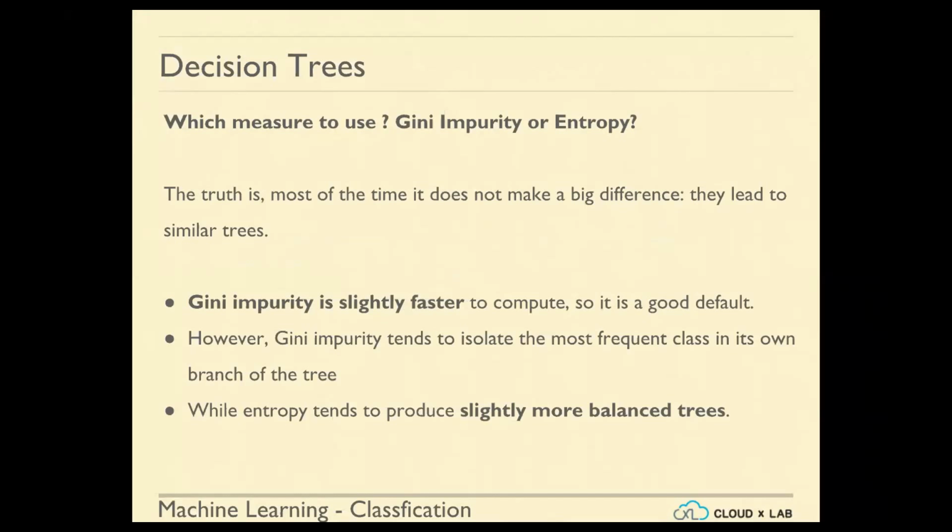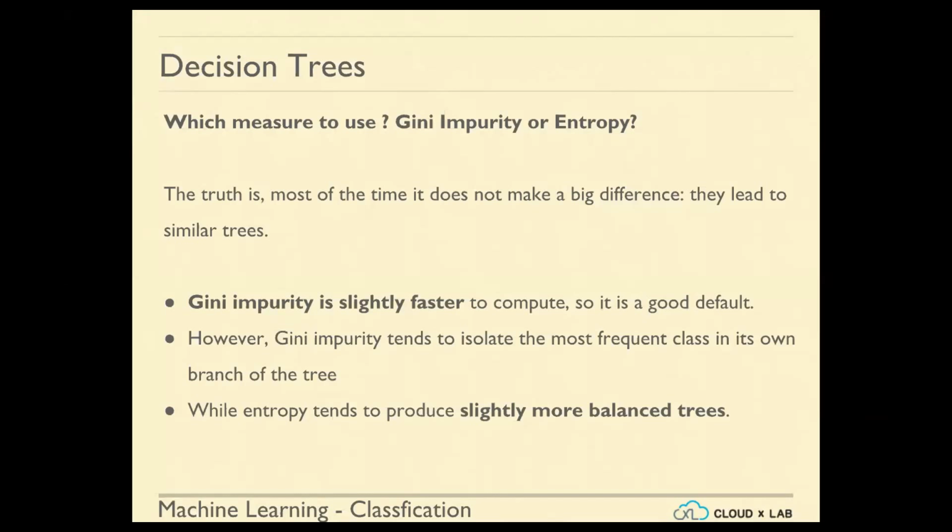If your training instances are really high and you want to make it a little faster, then you should choose Gini over entropy. That would be one example.